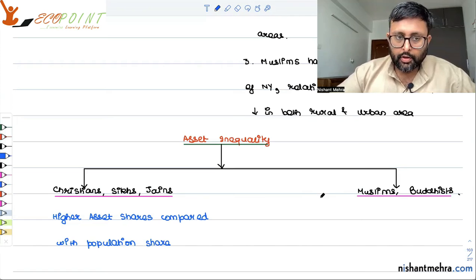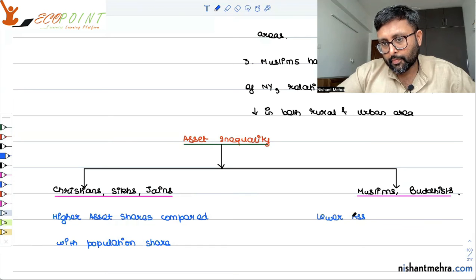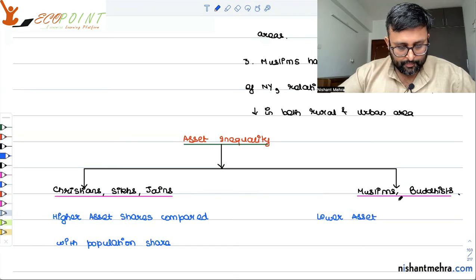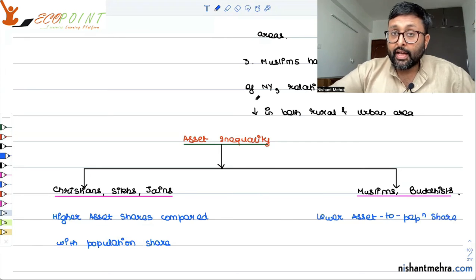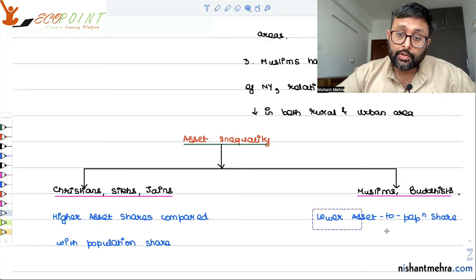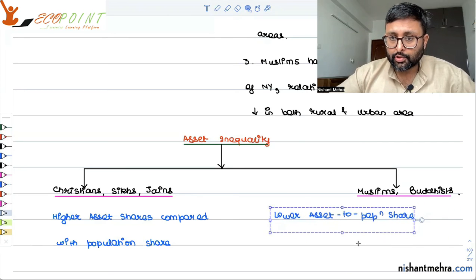For Muslims and Buddhists, they have lower asset to population share ratios. So if they have lower asset to population share ratios, this shows that they are at a disadvantaged position.